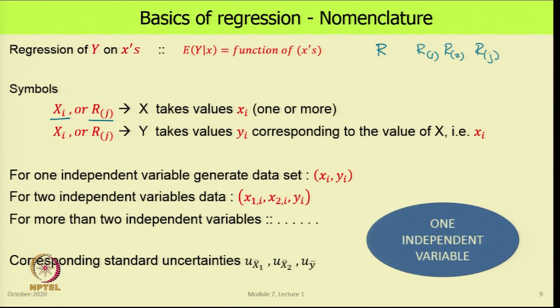And we have two variables there in the regression, the independent variable x and the dependent variable y. And the main thing about what we will study here is that we will look at the simplest possible case where we have only one independent variable.